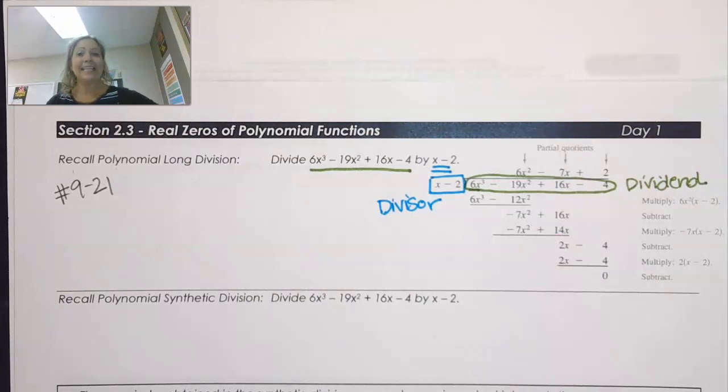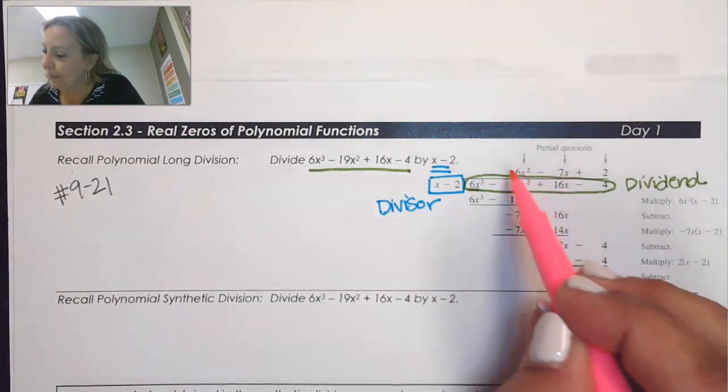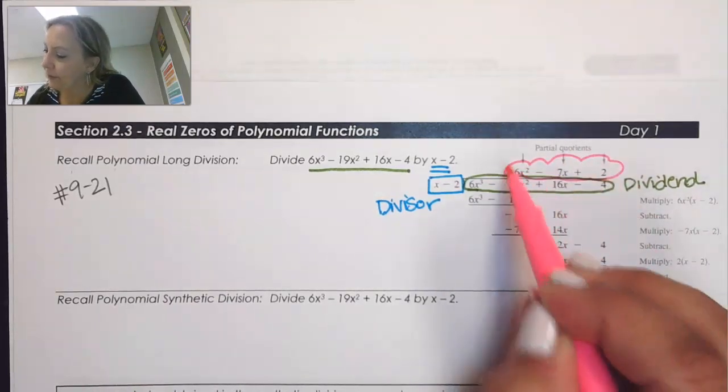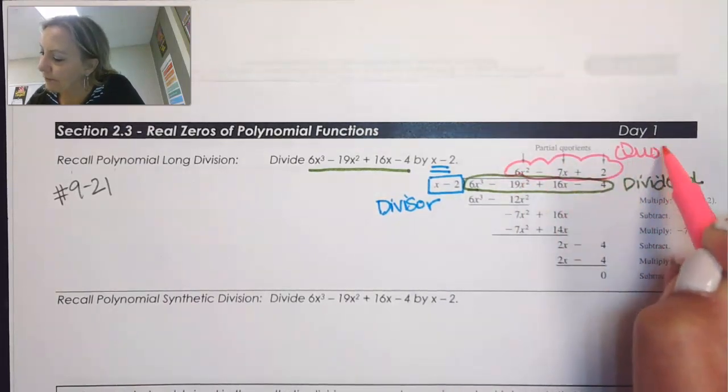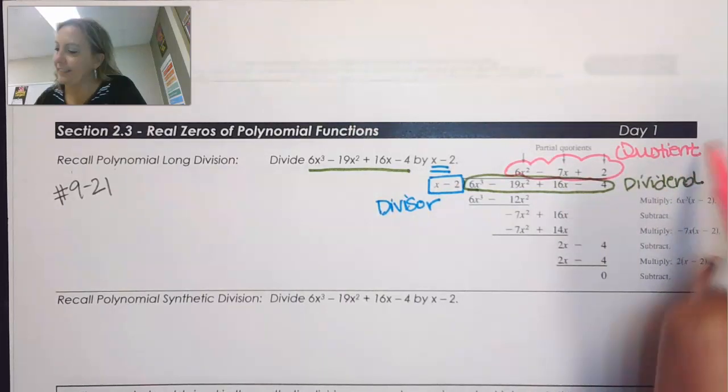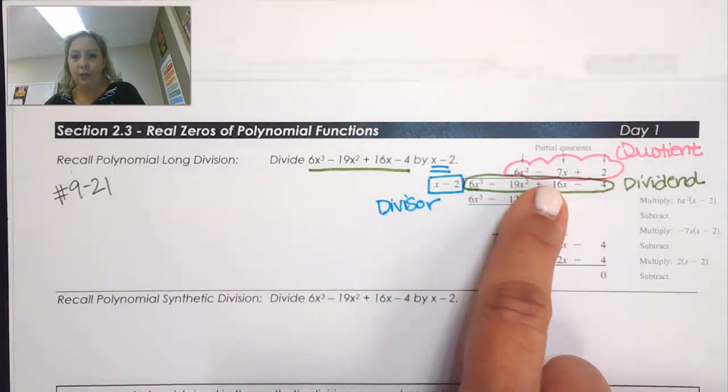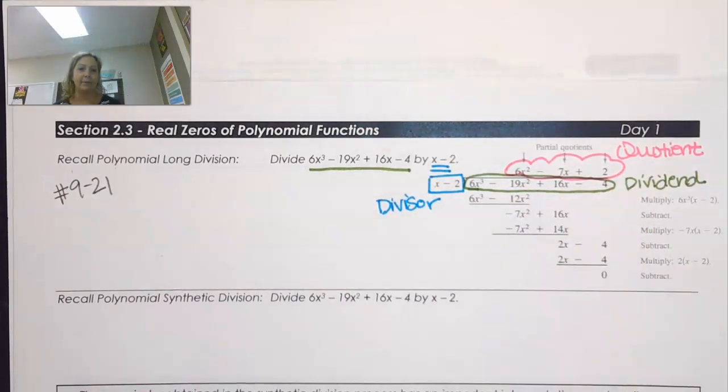And when you take the dividend divided by the divisor, you end up with our quotient. They say here that each of these are partial quotients that we get on the way. I'll just kind of talk you through this.